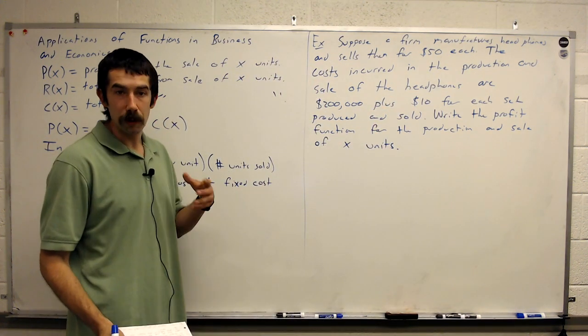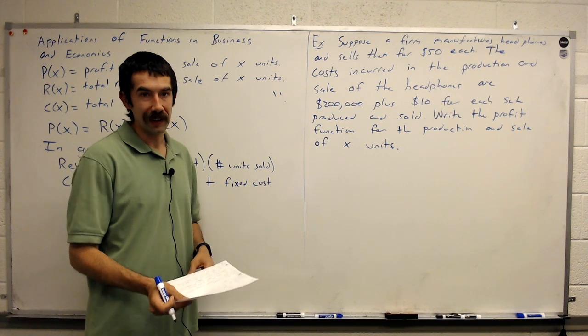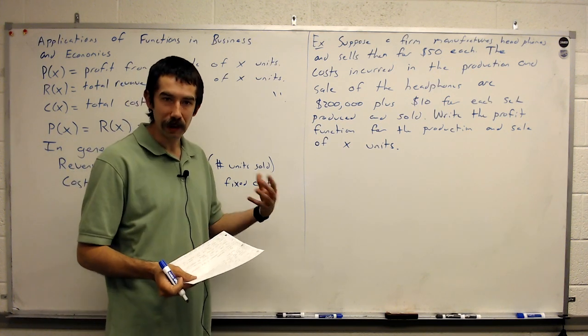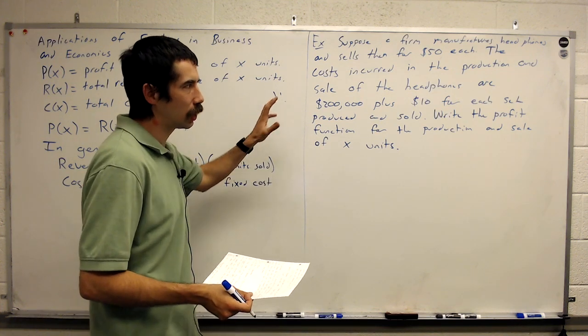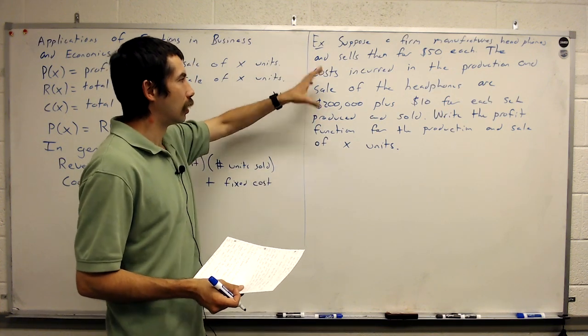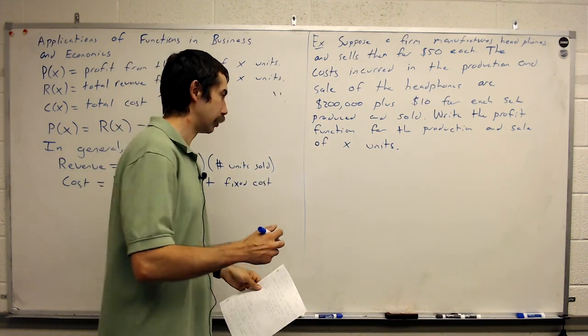Okay, so try this on your own, and then once you try it on your own, unpause the video and you could watch my solution. But this really is not too bad once we take our information and just rewrite it into equations.